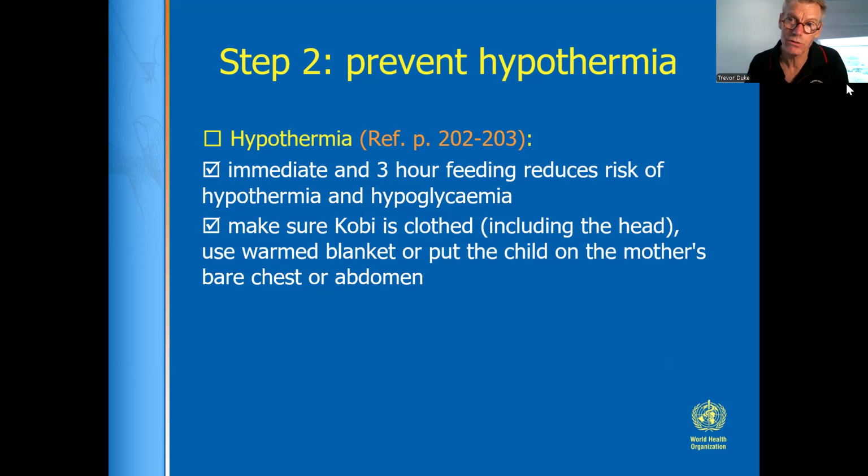Just make sure that the child is as clothed as possible. During the day, that might not be an issue, but overnight, hospitals often get quite cold. So make sure the child's clothed and getting adequate nutrition. If they're not able to take milk well orally, then use a nasogastric tube to feed them that way. This is like emergency treatment for the child with severe malnutrition.